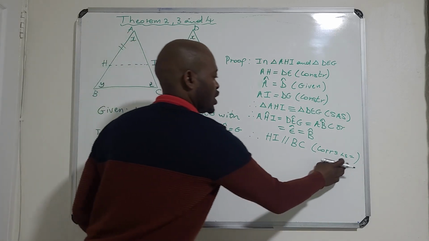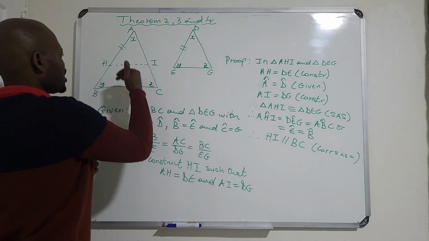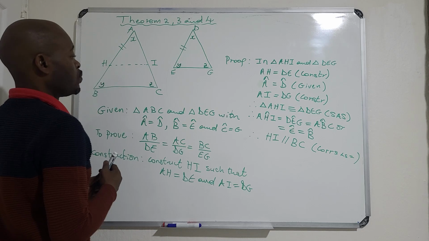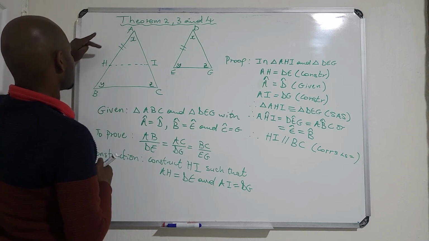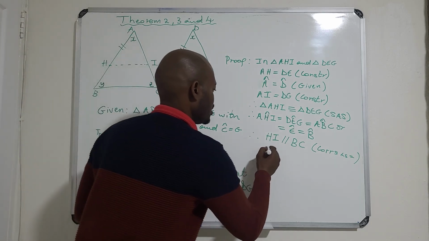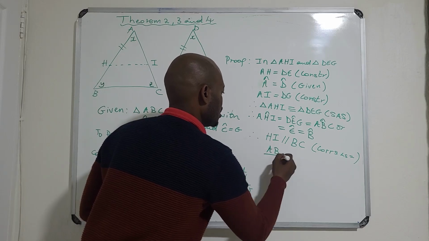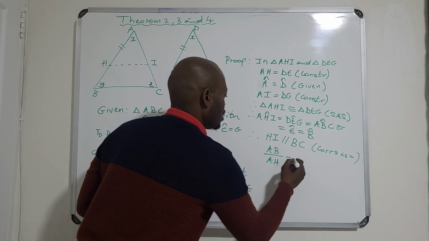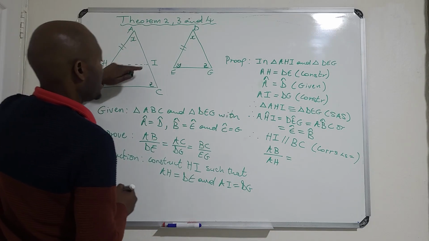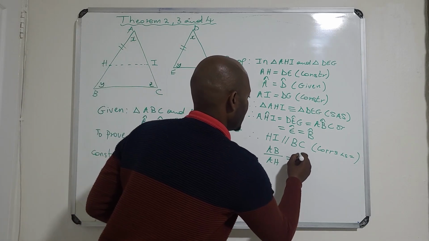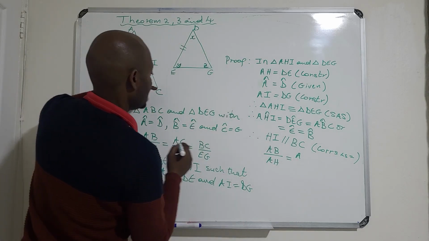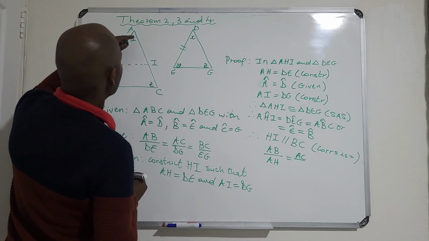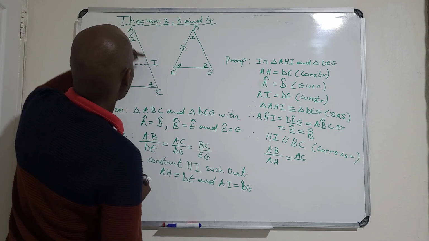Since these two are parallel, we know that AB over AH is equal to AC over AI.